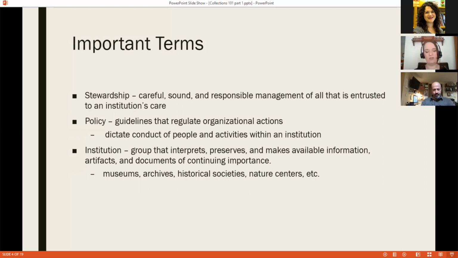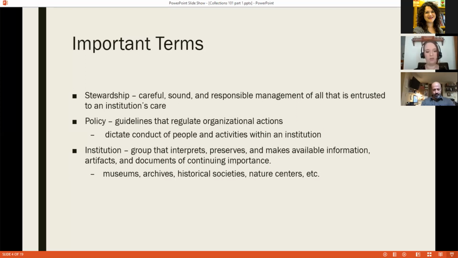Policy, I'll probably say that a lot as well. These are guidelines regulating an institution or organization, and they dictate the conduct of the people within the institution. And an institution is a group that is interpreting, preserving, and making available information, artifacts, and documents that are of importance.